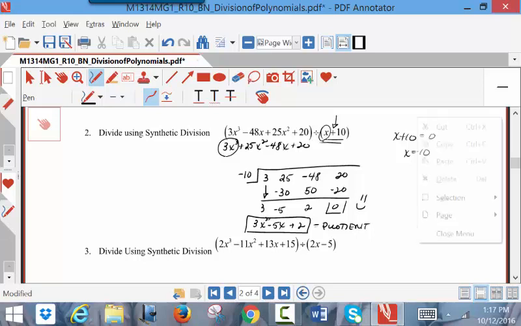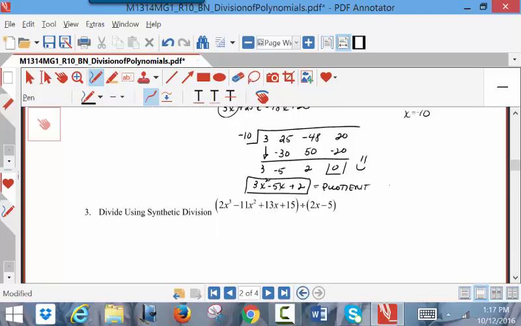So on number 3 here, if I set this one equal to 0, I'm going to get 2x equaling 5, or x equaling 5 halves. So 5 halves is the number that has to go in my half box. This book is kind of interesting that they do this.